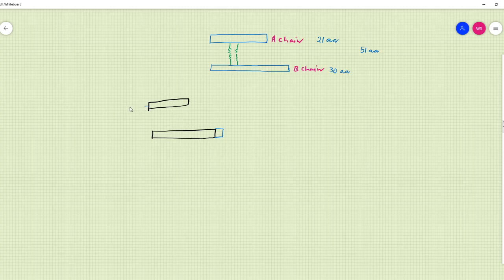Because it's a peptide, it's got a carboxy terminus and an amino terminus. And let's say this is a disulfide bond. That is the sequence like that.